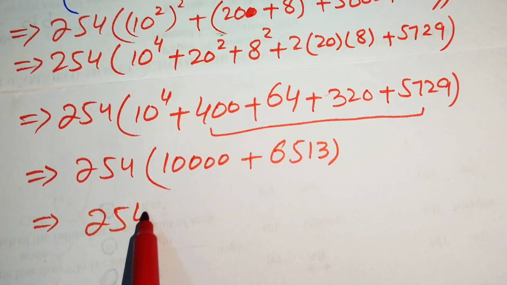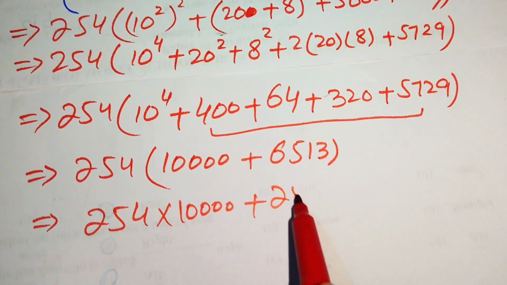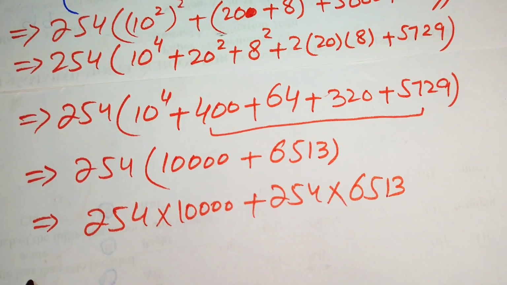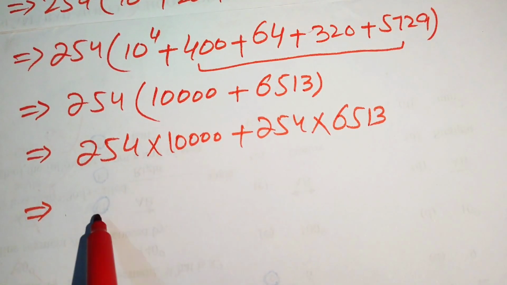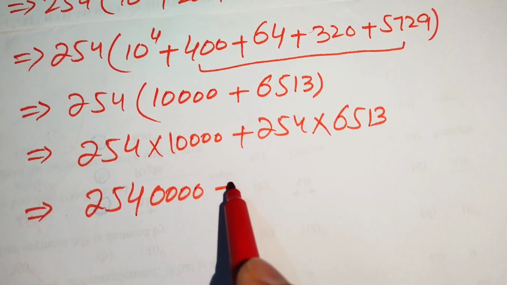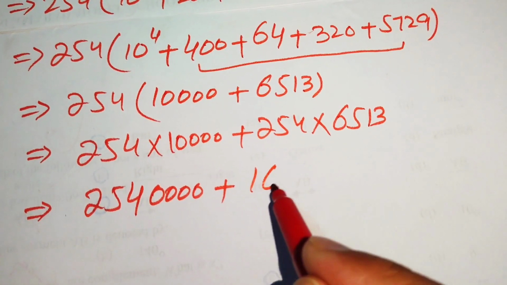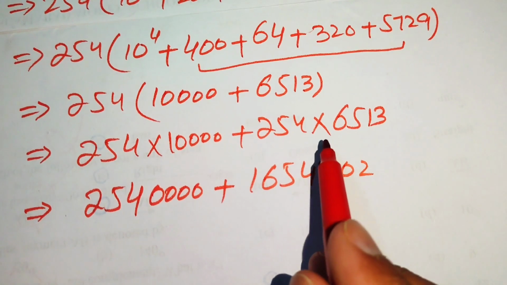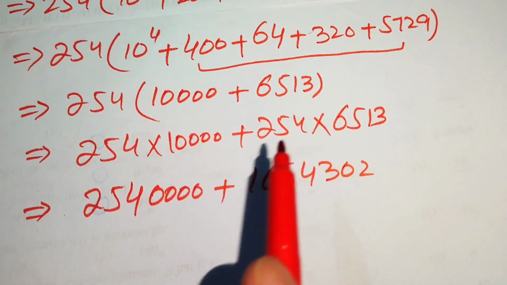So when you multiply 254 by this term, 254 by 6513, you easily get the value 254 and 40, and plus when you multiply these two terms, you get 1654302. So these are the simple traditional multiplication, and you can easily get this multiplication without the calculator.